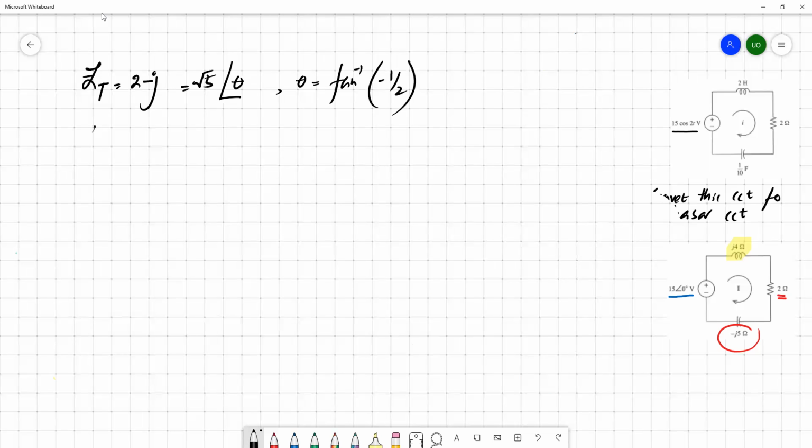Okay, so the current is actually 15 angle 0 divided by root 5 angle theta.